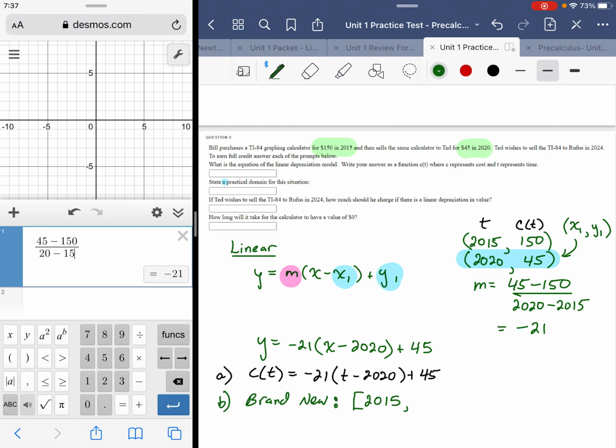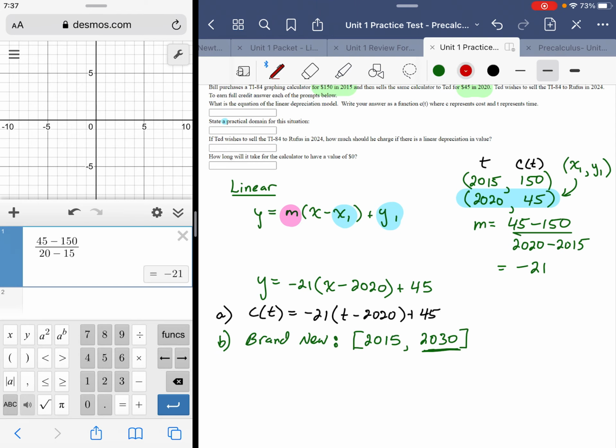I don't know how much it's going to be worth then. We're going to figure that out in a few minutes. But, you know, something big. I mean, you could say 2050, something more than 2024, maybe 2030. You really can't be wrong for this one as long as it's sufficiently large.